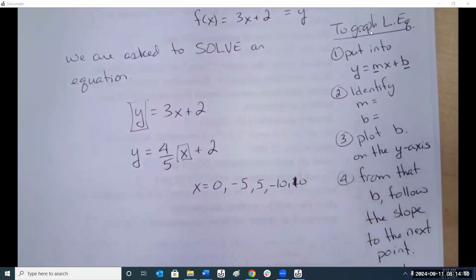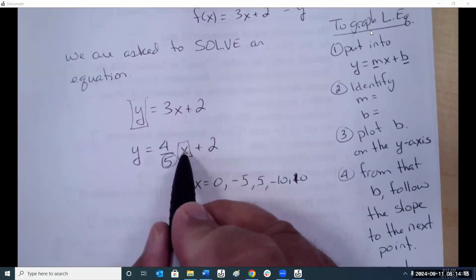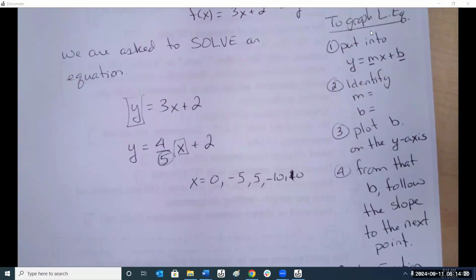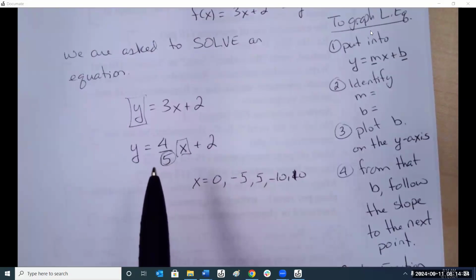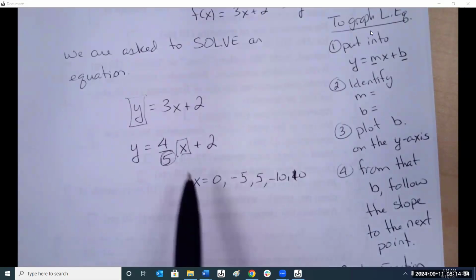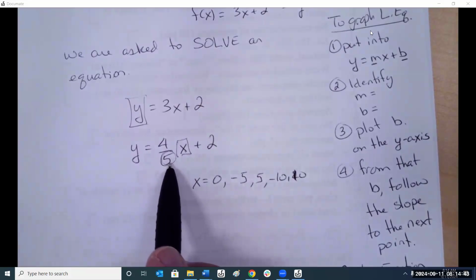Since the denominator is 5, we want to make x a multiple of 5 so they cancel. Because if you put 3 in there, then you have 12/5. Good luck. And then we have to go through a whole set of processes, which we're going to talk about in a second. So if you have an equation and it's a fraction, be conscious about what value you pick to put in for x, because you want it to cancel out with the bottom number.